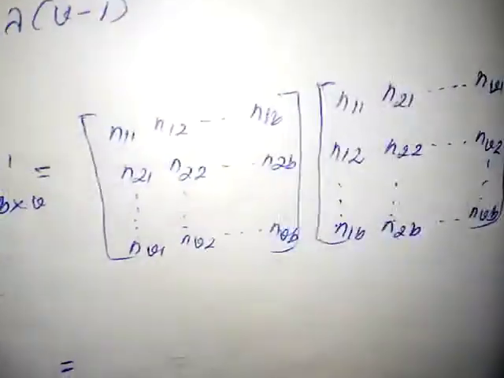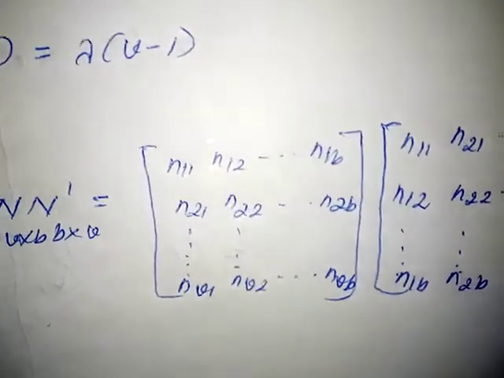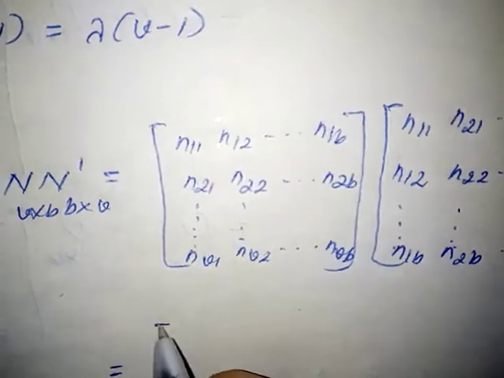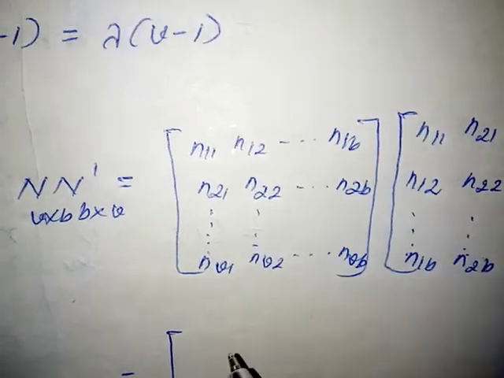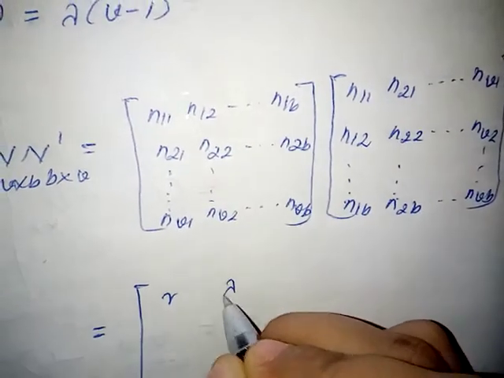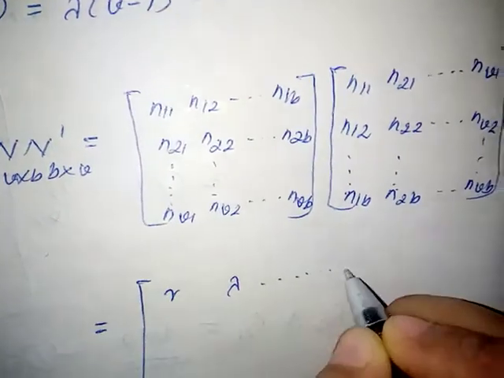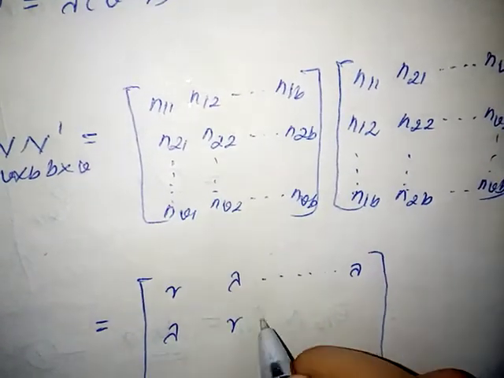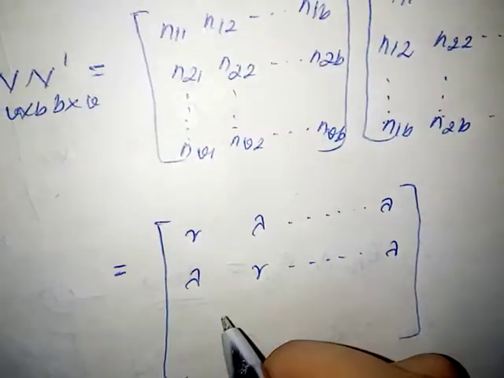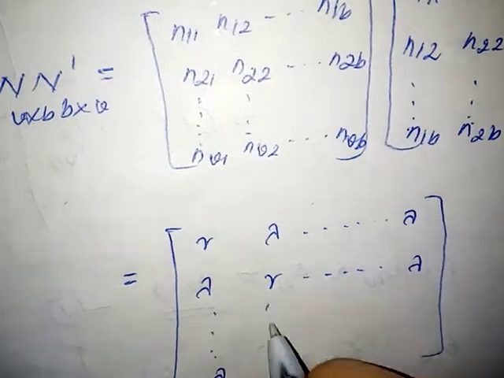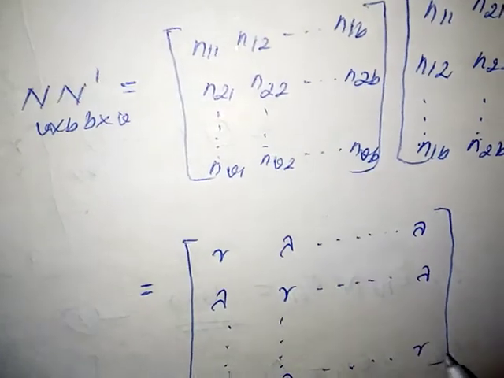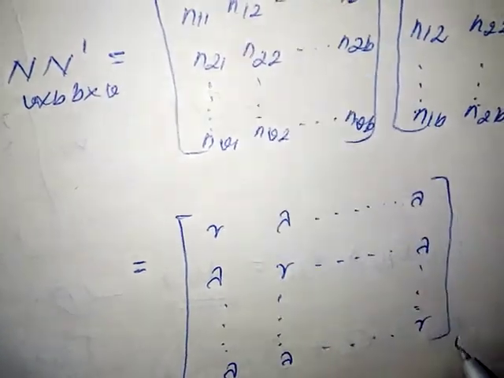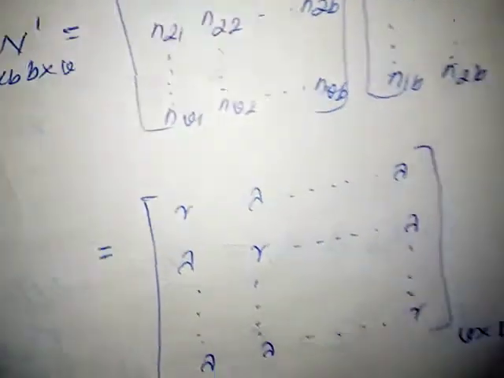which is equal to r, lambda, so on, lambda, then lambda, r, so on, lambda, lambda, lambda, so on, r, of order v cross v.